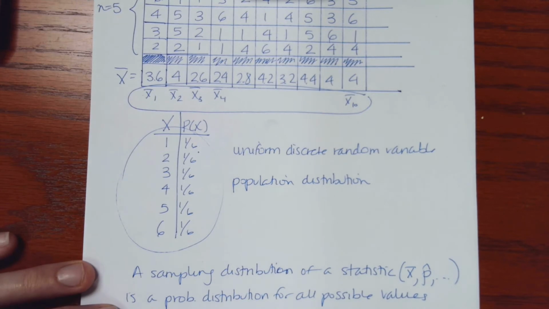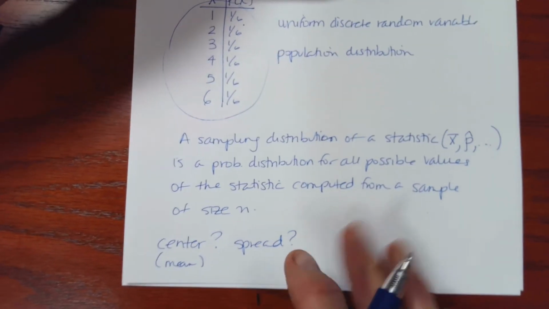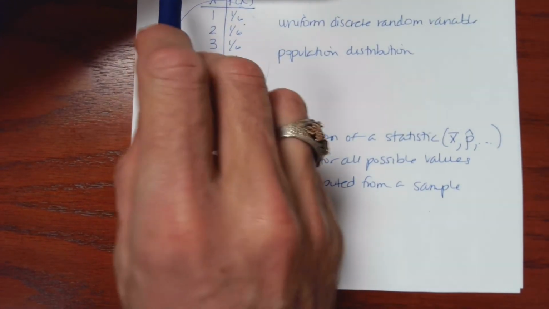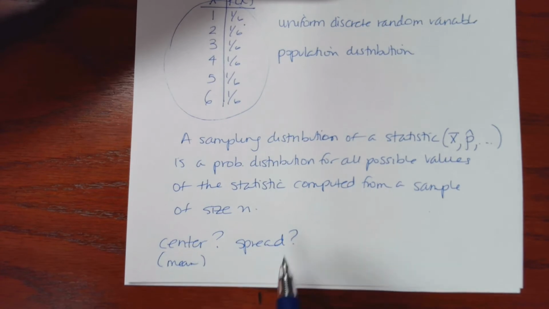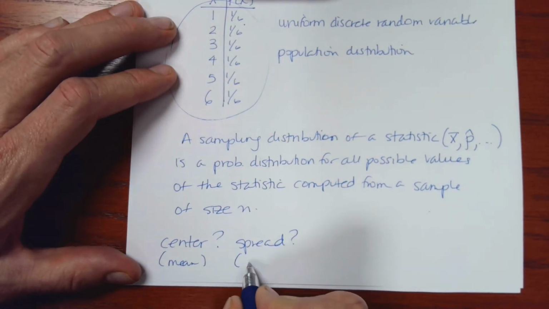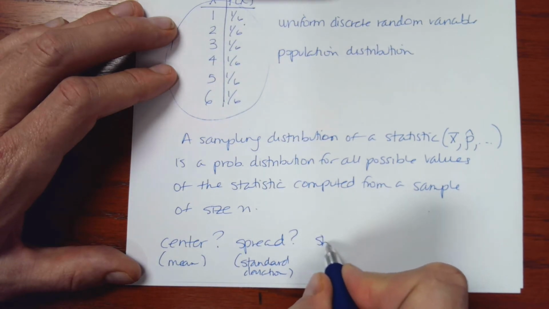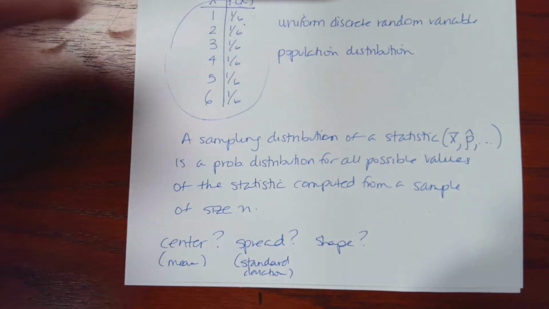Usually we do that by looking at the mean. And now, knowing that these are going to be spread out, I want to know how spread out are these sample means, and so I'd like to know the standard deviation. And finally, I'd like to know, if I can, the shape of the distribution.